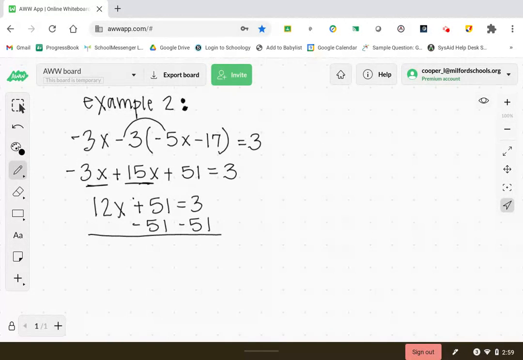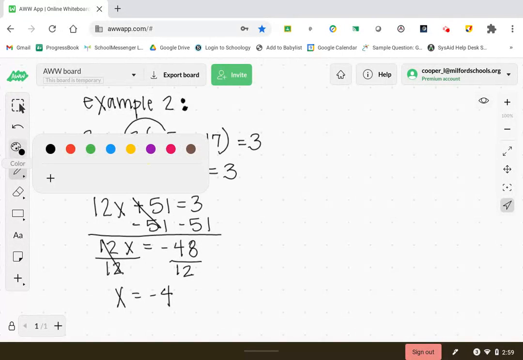I know it kind of stinks, but that's why we're in algebra. And then I'm going to divide by 12. And I get x equals negative 4. So that's half my answer.